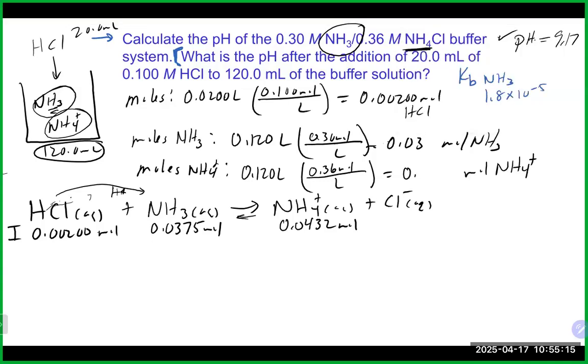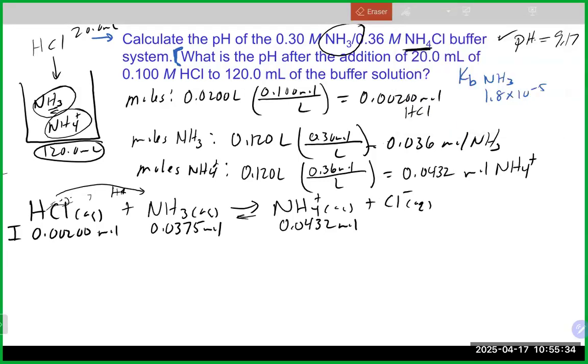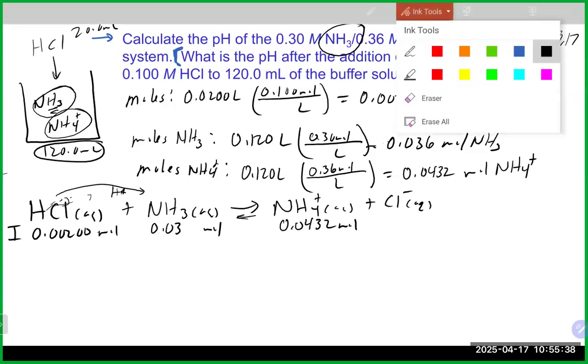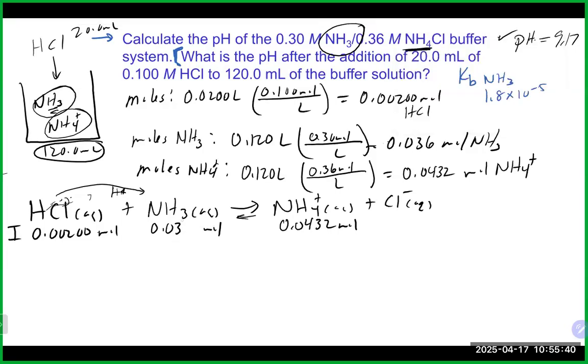All right, so 0.120 times 0.3 gives us 0.036, and 0.12 times 0.36 is 0.0432. Just that one there didn't look right. There we go.